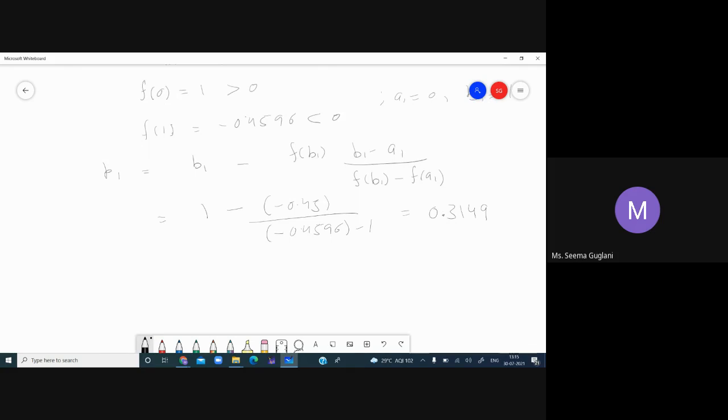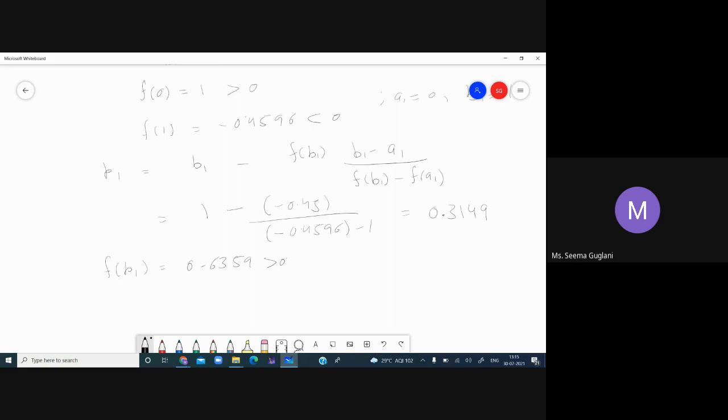Now, again as in the bisection method technique, I have to calculate f of P1. That comes out to be, by calculation, 0.6359, which is positive. Now f of A1 is positive, f of P1 is positive, f of B1 is negative.